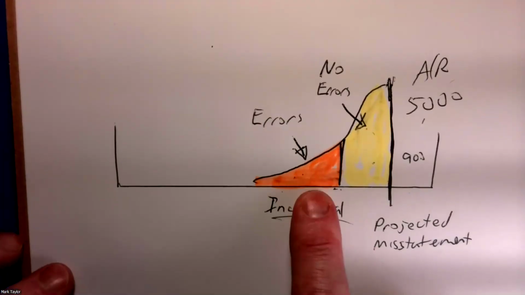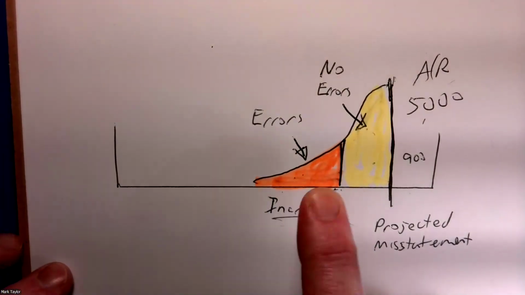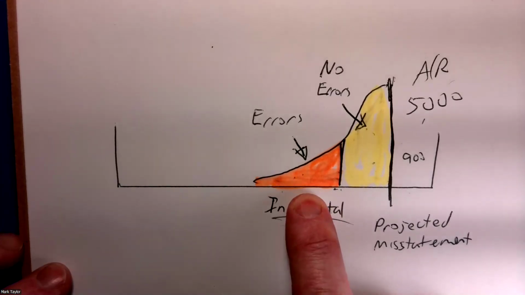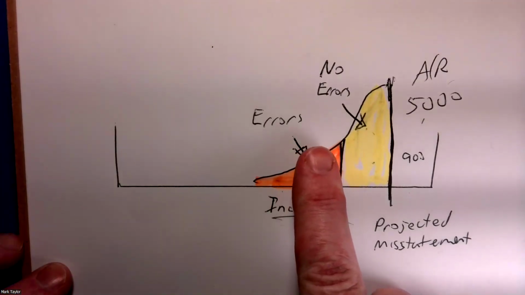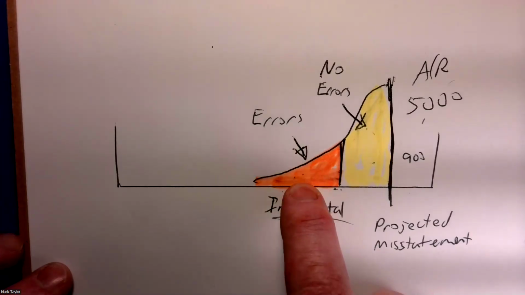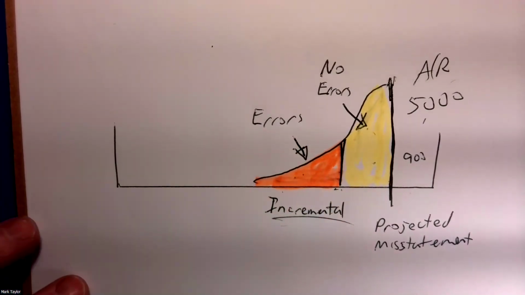All right, so these are what we're talking about, these incremental errors. The more errors you have, the more likely that it will be misstated. Now, if the interval is completely covered by the book value, it can't be misstated by any more than it already is. But for those that are not, we can go into what they call incremental, that there could be more things wrong.